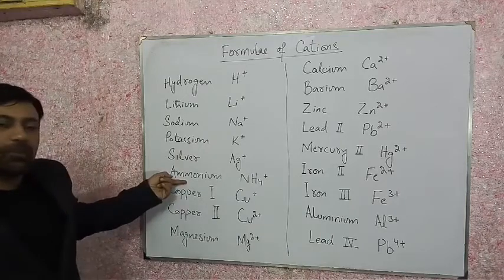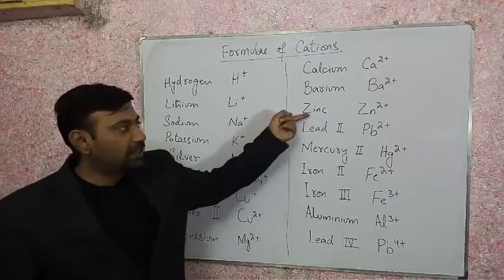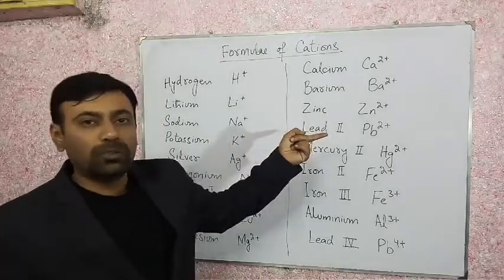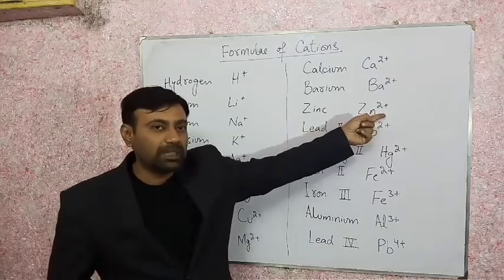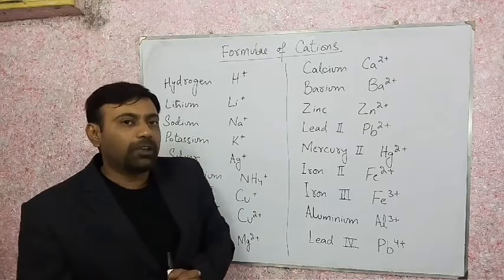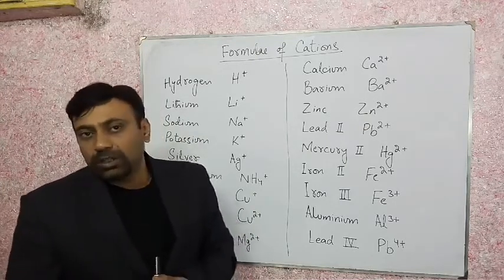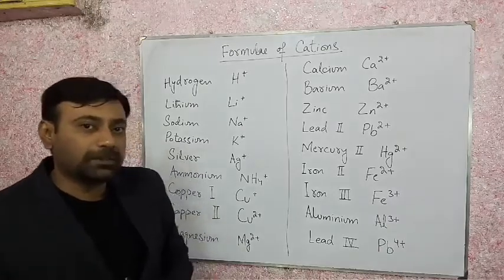Similarly, the formula for the ammonium ion, you have to learn that it's NH4+. Zinc is not in group 2 of the periodic table, but still it has a charge of +2. You have to remember that. So in order to form the formulae of ionic compounds, first you need to be sure of the formulae of cations.